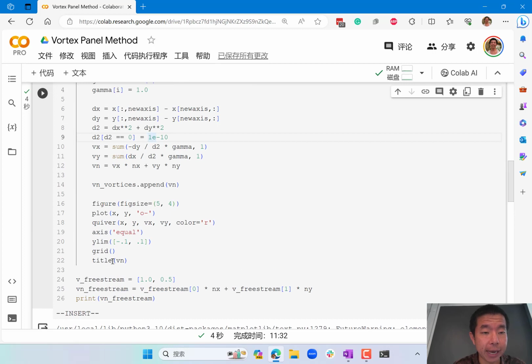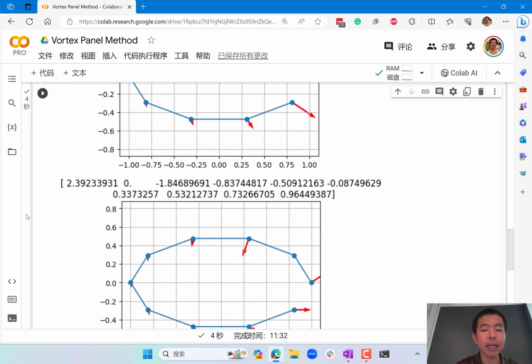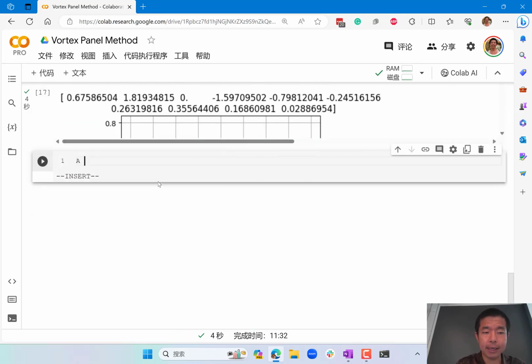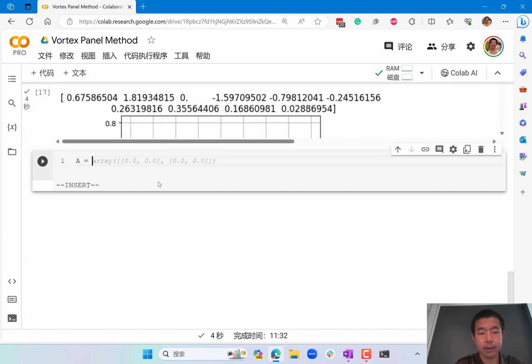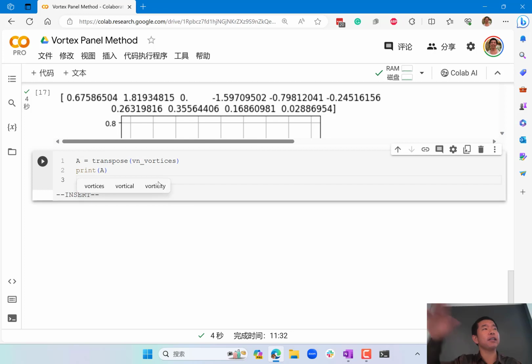So basically, Vn vortices are the different columns of this matrix A. So let's make that matrix A. A would be the transpose of Vn vortices, because the different entries of Vn vortices are actually the different columns of the matrix A. So transposing them makes the matrix A.